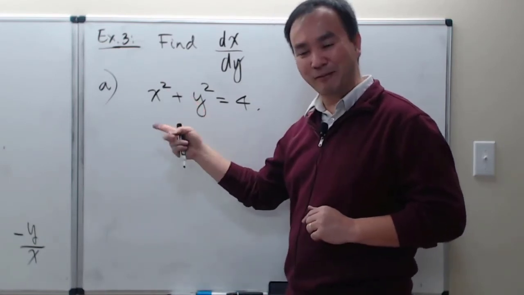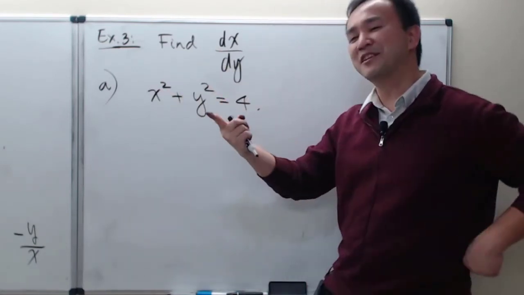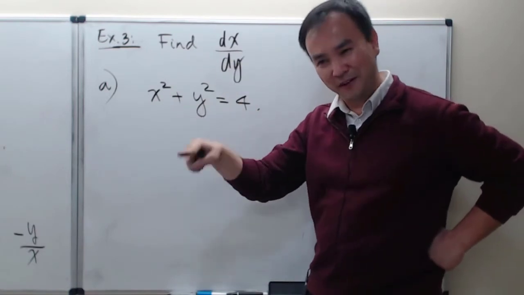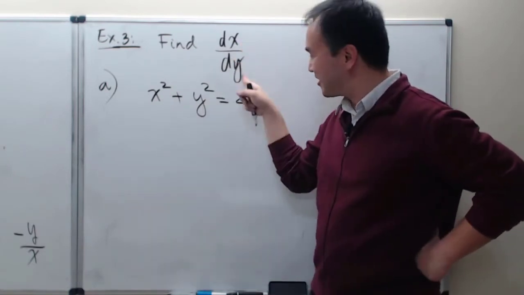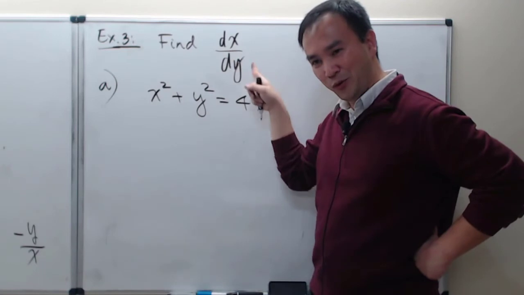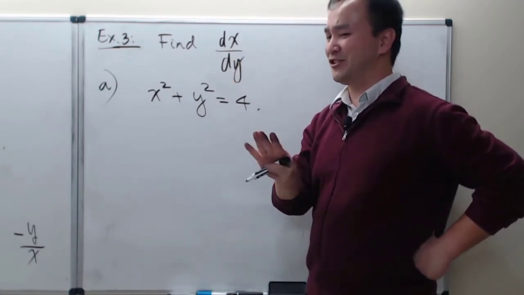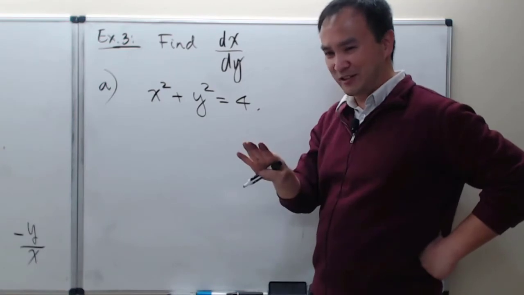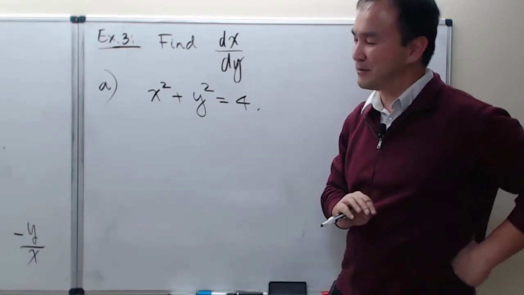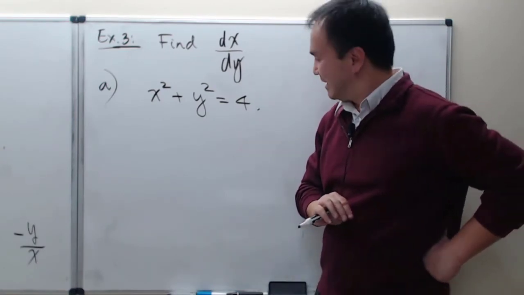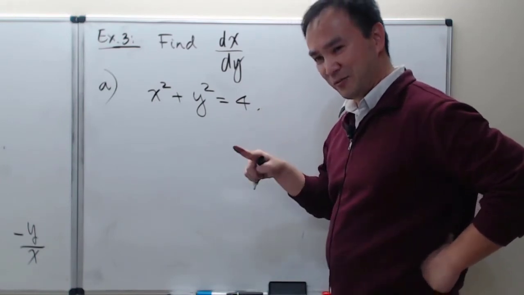But here we have to turn it backward: x is a function of y, y is a variable. It sounds like a joke, but trust me, if you get yourself into this habit, you will get the problem done successfully.